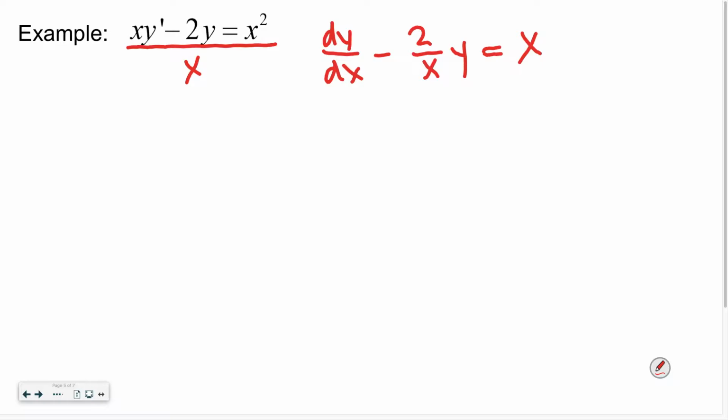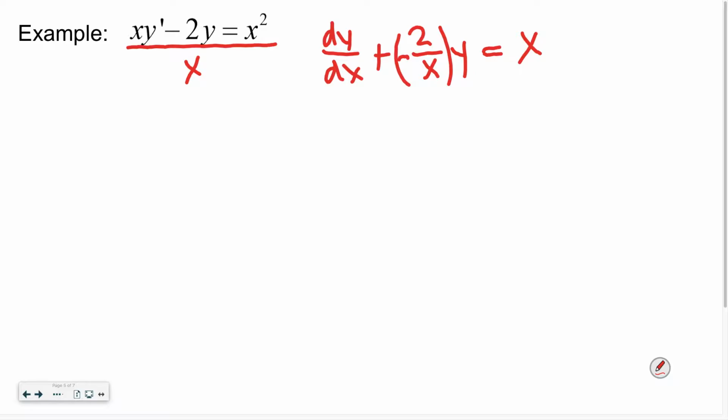Now, technically, is this in standard form yet? No. There's no addition. It's supposed to be addition. There. Easy fix. Okay.